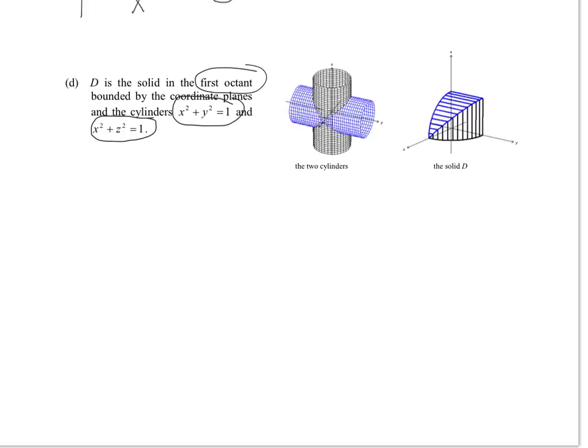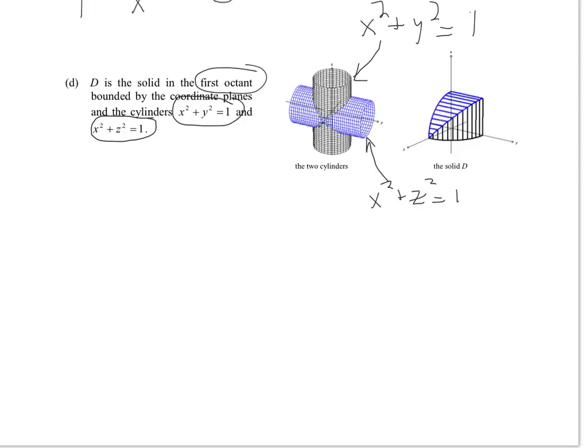Now, in the figure on the left, it's the black cylinder that is given by the equation x squared plus y squared equals 1, and the blue cylinder x squared plus z squared equals 1.